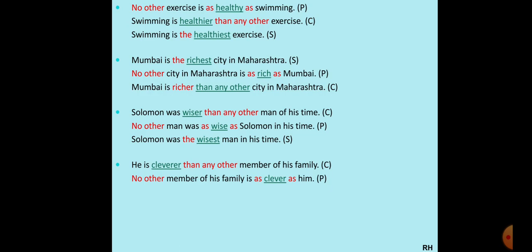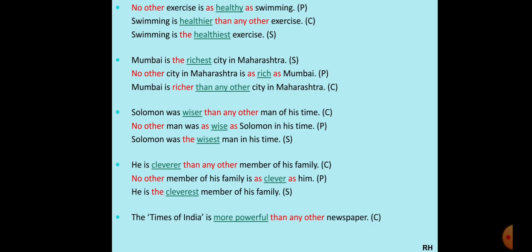Okay, he will change into him. And next superlative, he is the cleverest. Okay, cleverest member of his family. "The" is used and clever will become cleverest, and again he will come into the beginning. He is the cleverest member of his family. Great. I think it's very easy.